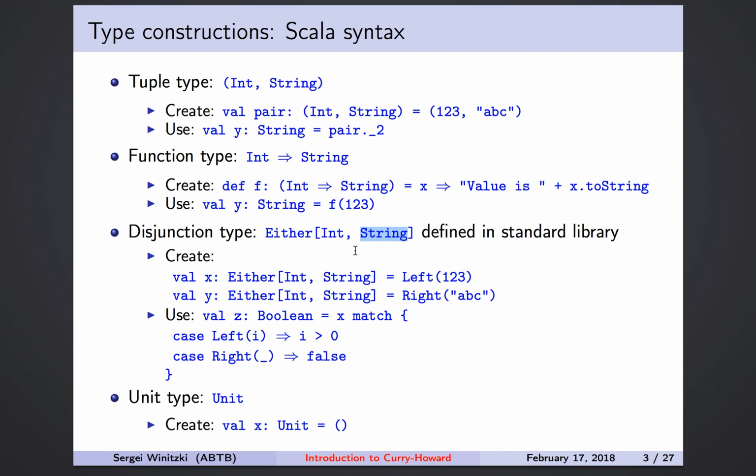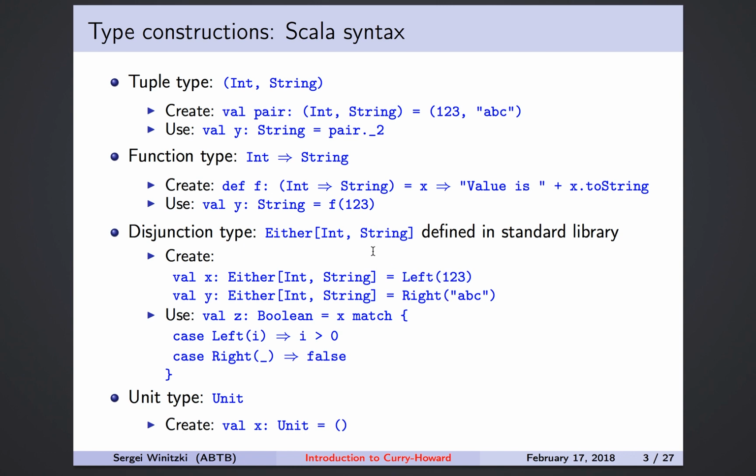Let's see how we use these types and how we create them to understand how they work. To create a value of this type, we can write things like this. So here's x, which has this type. This is the value that x has.